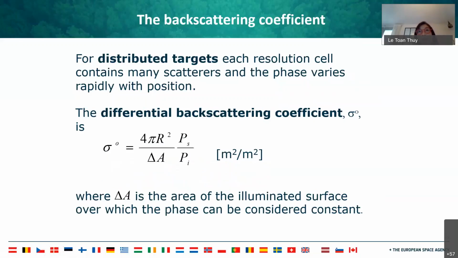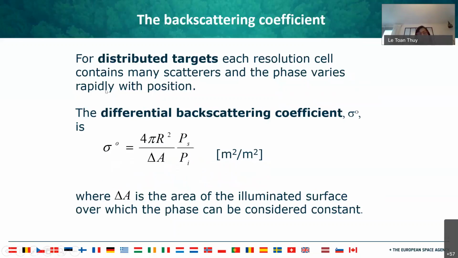But in remote sensing, you don't have just an object for the radar cross section, but you have a distributed target. So each resolution cell may contain many scatterers, and the phase varies rapidly with the position of the scatterer inside the resolution cell.